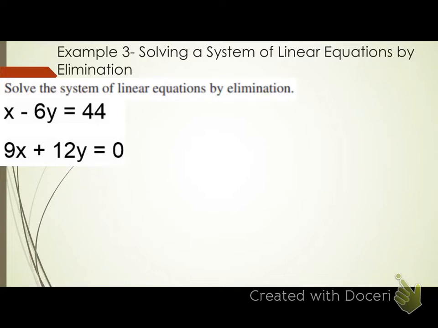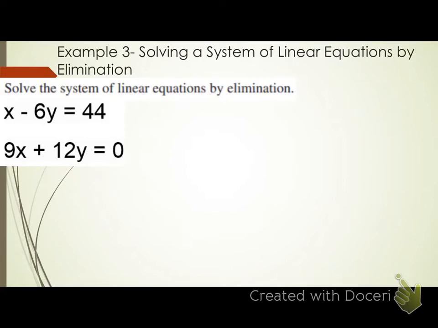Yes, it is. I got my x's on top of each other, my y's on top of each other, and my constants on top of each other. Step 2, do I have same number, opposite sign in front of my x's or my y's? No, I don't. Am I close to it like I was on the previous example, where they're the same number but not opposite signs? No.